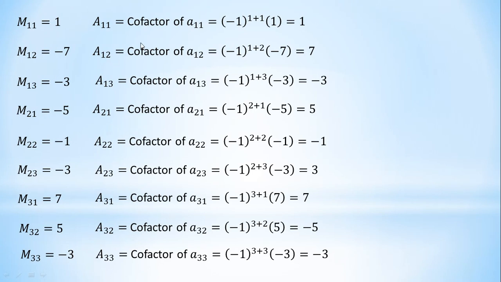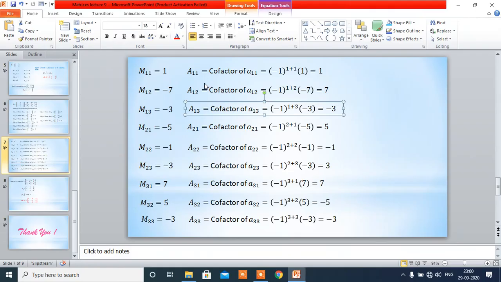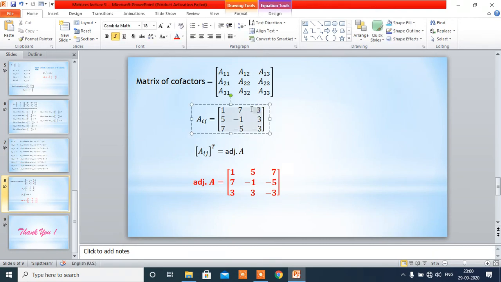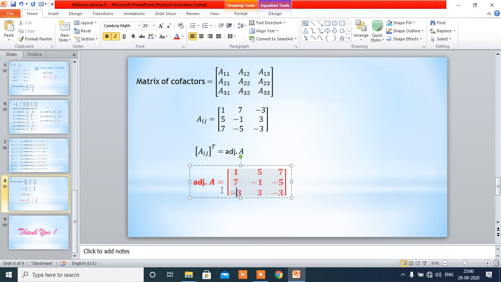Now we will find the cofactors matrix. The matrix of cofactors can be found using this general form. Here A11 is 1, A12 is 7, and A13 is actually minus 3. So the matrix of cofactors is: 1, 7, minus 3; then 5, minus 1, 3; 7, minus 5, minus 3.